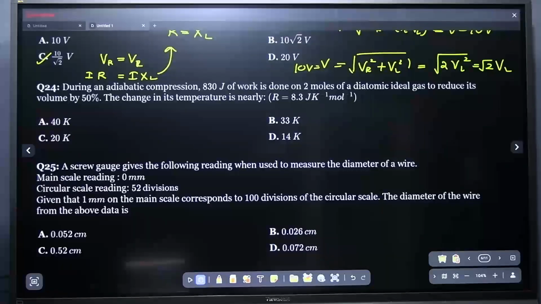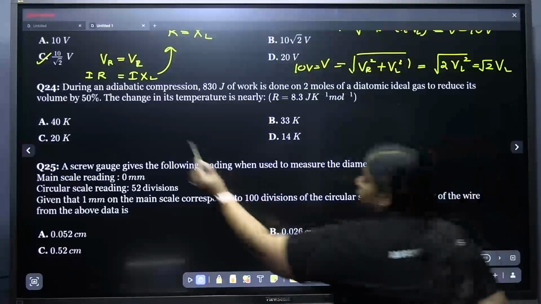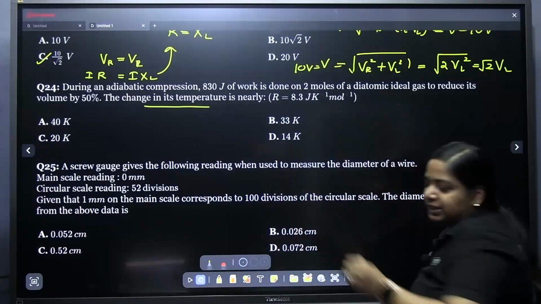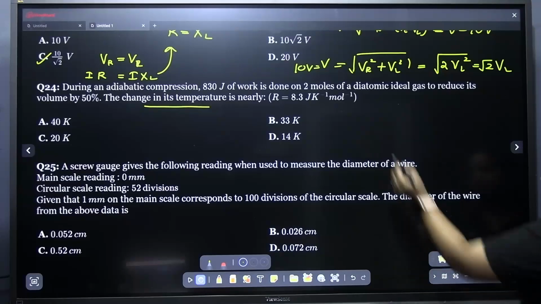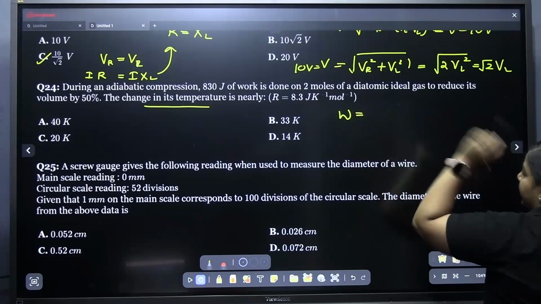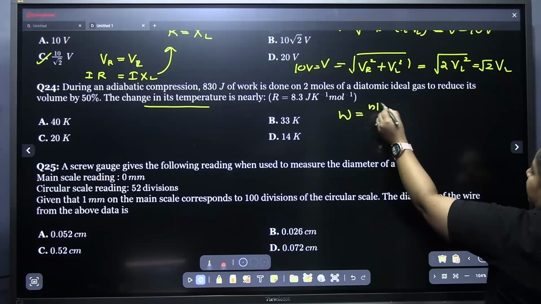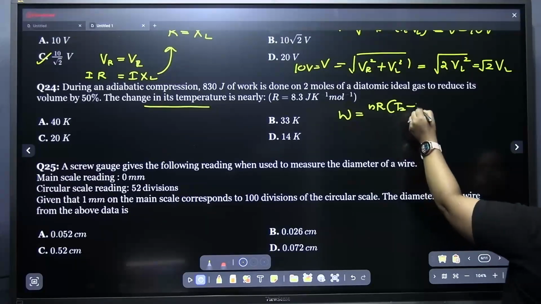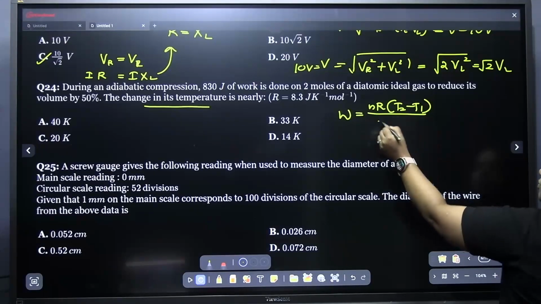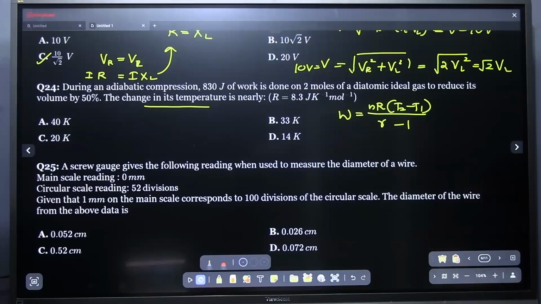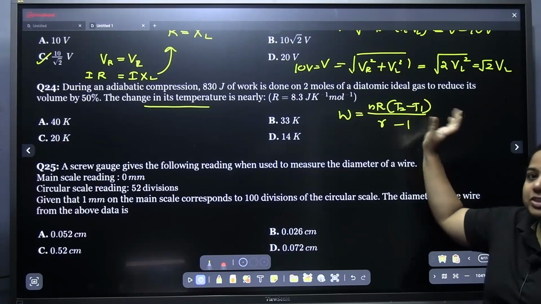Next is: during an adiabatic compression, 830 joule of work is done on 2 moles of diatomic gas to reduce its volume by 50%. The change in its temperature is nearly? So here the keyword is change in temperature, only that we have to find. Work done for adiabatic cases is nR (T2 minus T1), or (T1 minus T2), divided by gamma minus 1. We don't have to find T2 or T1.